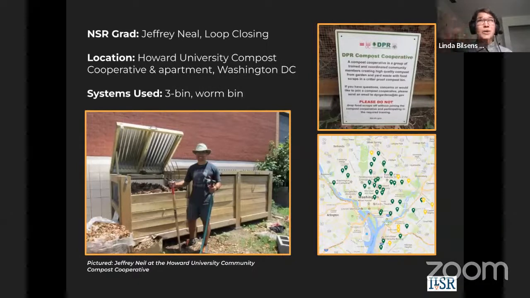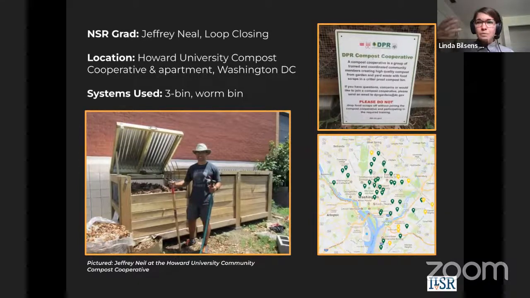And something that's really important to note, I think, about anything that's based in a community solution of any sort: it's not just us coming in with a solution, right? We were building on synergies that were already happening, such as the DC Department of Parks and Rec launching a wonderful compost cooperative program, where there are several dozen community composting sites around the city where folks can sign up to drop off their food scraps and participate in the collaborative management of those systems.